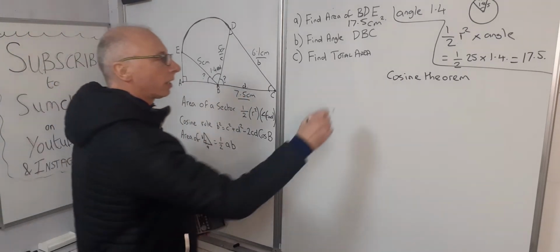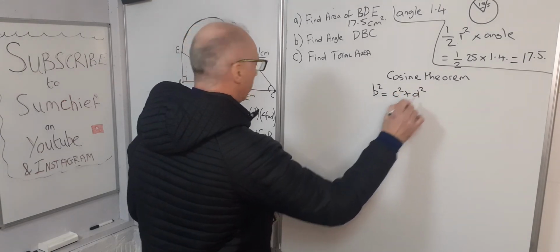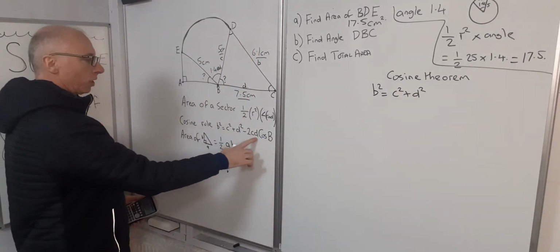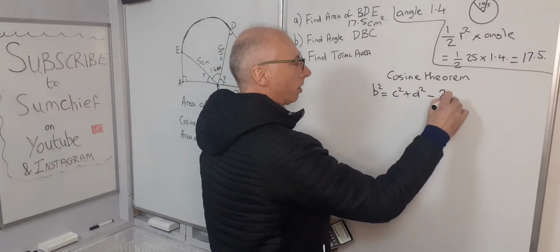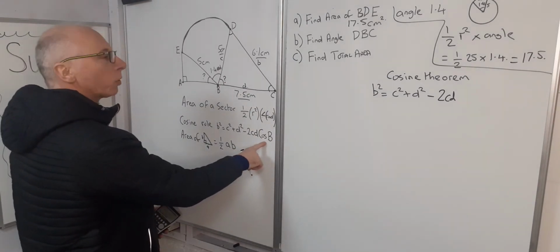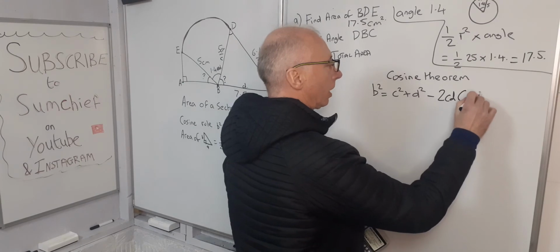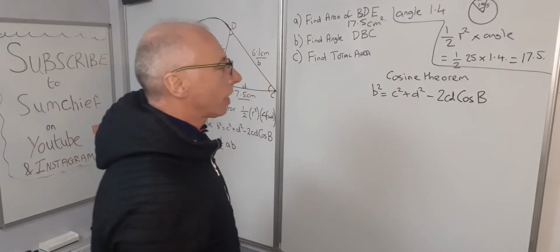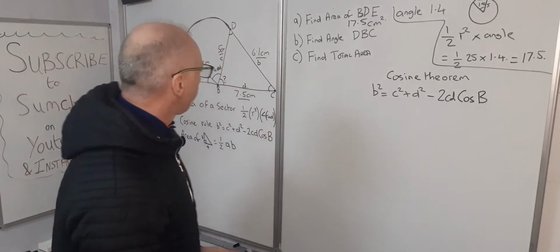So b squared equals c squared plus d squared minus 2cd. So that's these two sides inside here, 2cd. And then we multiply by cosine of B. So cosine of B, so B is uppercase because that's an angle. These are all lowercase because it's our sides.